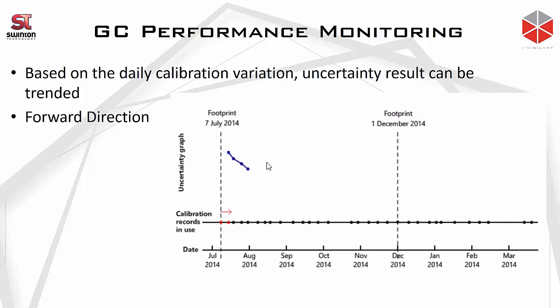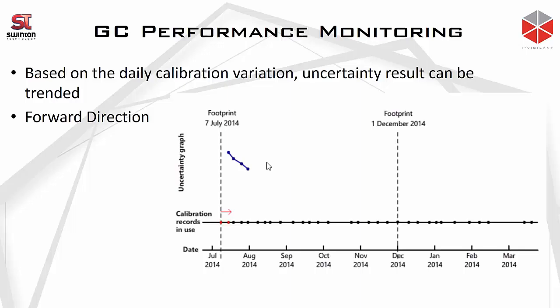So basically, we grab all the daily calibration data, record it, and then trend the uncertainty. There are two ways of calculating the uncertainty. The first is the forward direction, and the second is the backward direction. This is a little simulation of the forward direction. As we go along, let's say we have an uncertainty that starts somewhere in July.